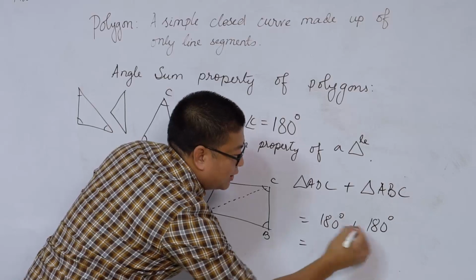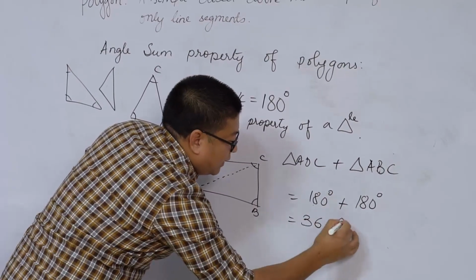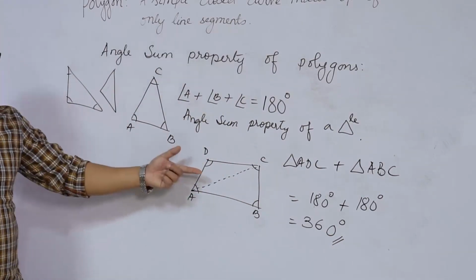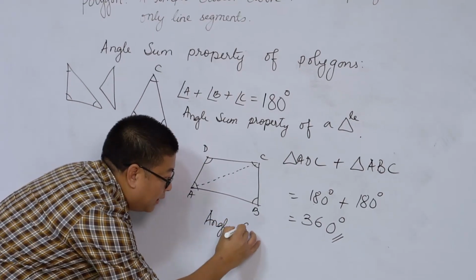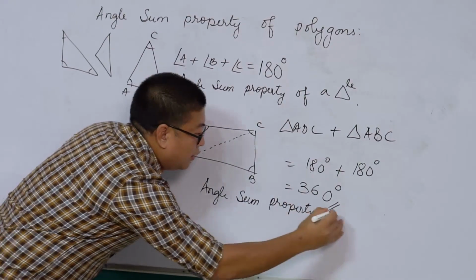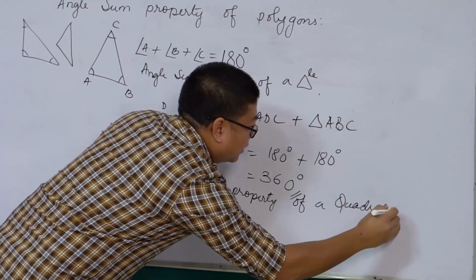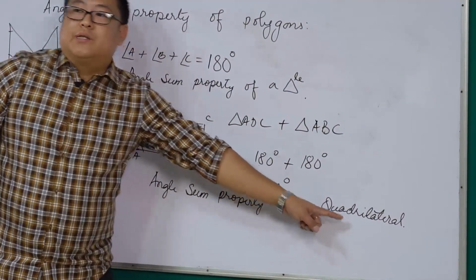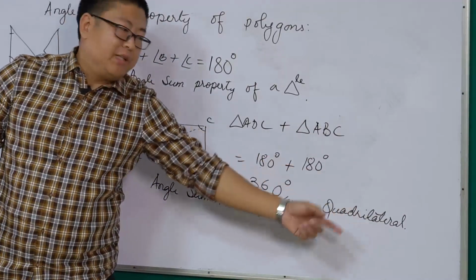When you add this, you get 360 degree. So this is the angle sum property of a quadrilateral. As already discussed, quadrilateral means 4 sides. Quadri 4 and lateral or lattice means sides.